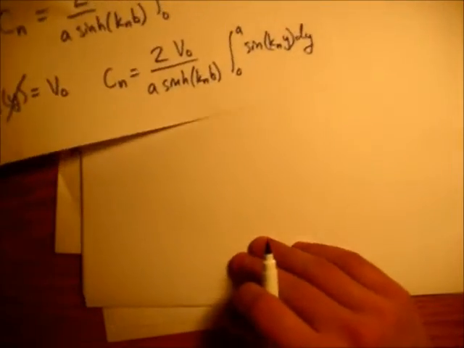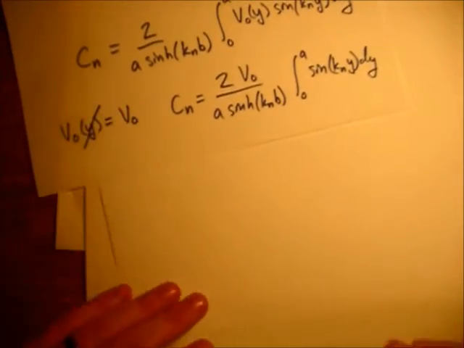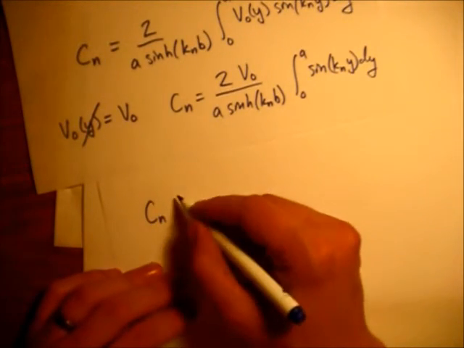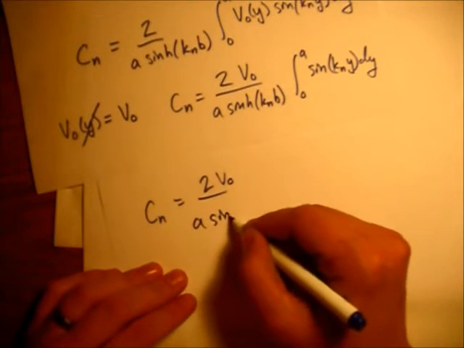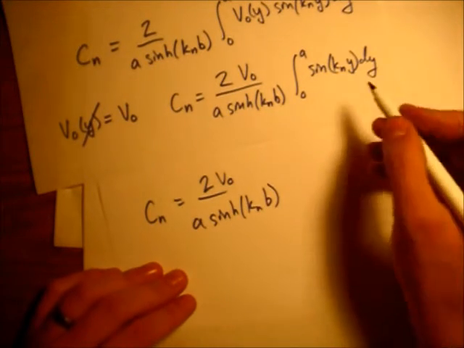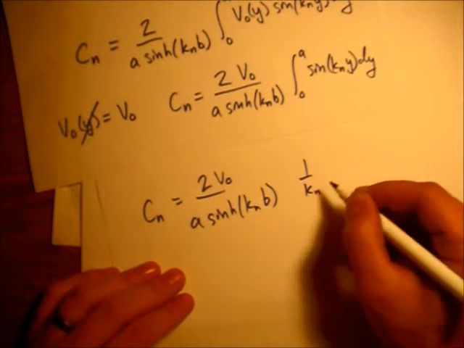So now, let's run through this really quick. We have our Cn, 2v naught over a hyperbolic sine of knb, and then we will get a 1 over kn.